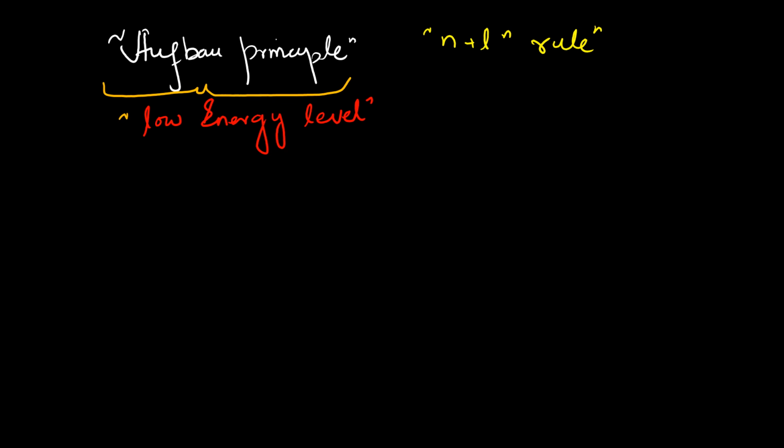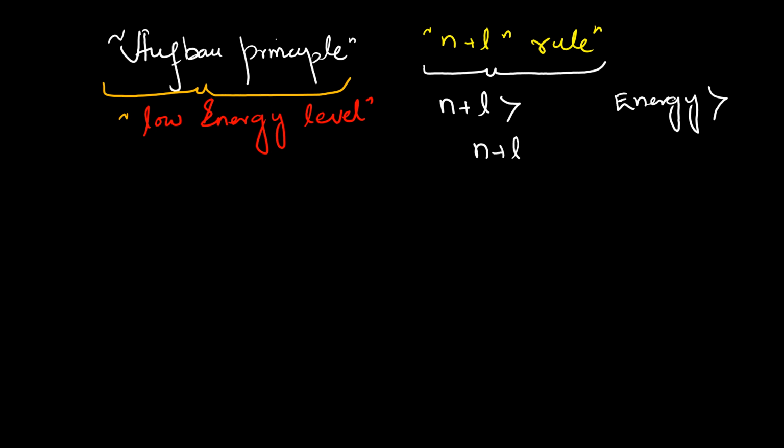Now how can we determine the low energy levels? Low energy levels are determined on the basis of the n plus l rule. If the value of n plus l is high, then the value of energy is high. This means that the electron has higher energy and will occupy a high energy level. So n plus l is directly proportional to the energy of the energy level.